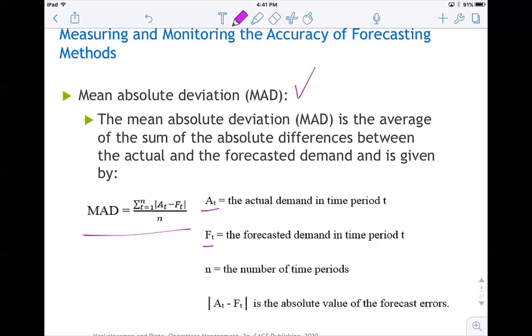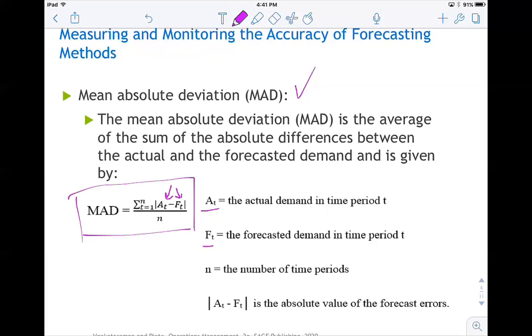If you take a look at this quick calculation method, what it does is, in absolute value, it keeps the differences between the actual observation for a specific time period and the forecasted value for that specific time period.